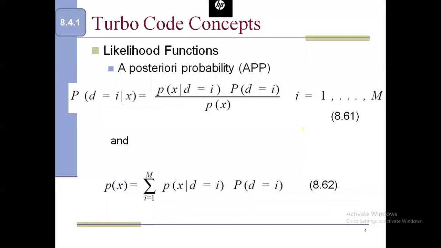A posteriori probability can be determined by the PDF of the signal with the priori probability, divided by the probability of the overall communication. This overall communication is in fact bounded by P of X.